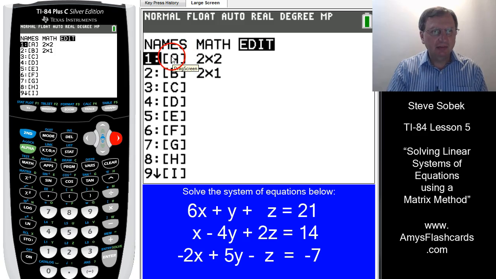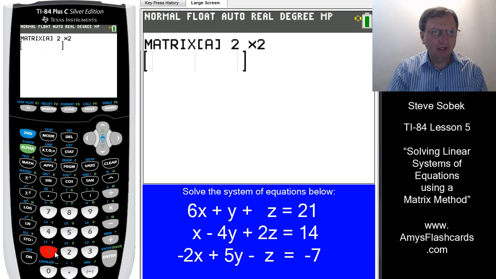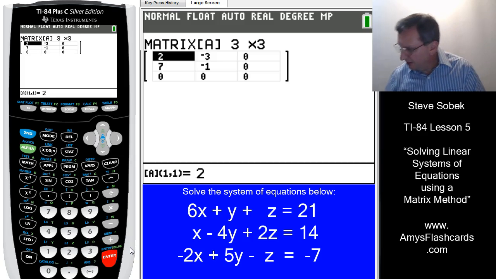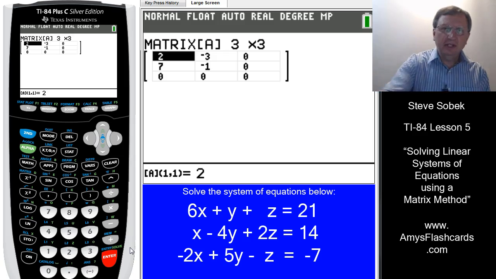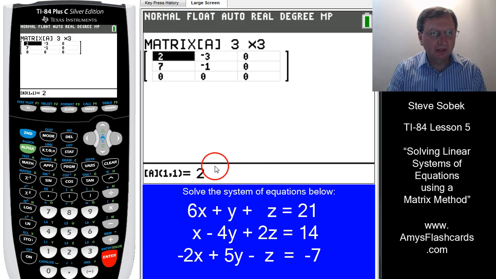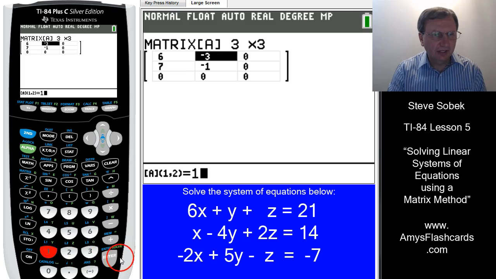We want to edit matrix A, so we'll hit number 1. The dimensions of matrix A, the coefficient matrix, is a 3 by 3. So 3, enter, 3, enter. And then we need to type in the values for the coefficient matrix. We want to type in 6, enter, 1, enter, 1, enter.